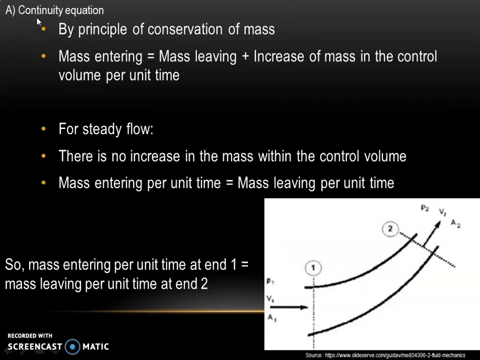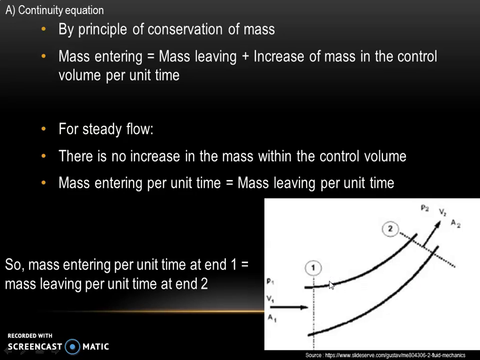Now we will find out what is continuity equation. By principle of conservation of mass, now we have seen that mass entering is equal to mass leaving plus increase of mass in the control volume per unit time. For steady flow, we know that the change in the parameters with respect to time will be zero.